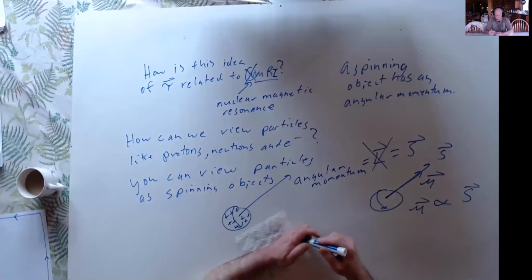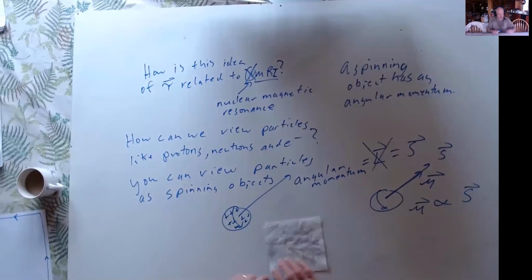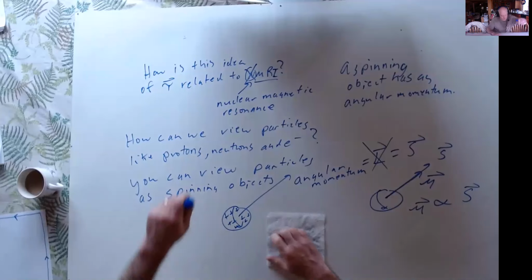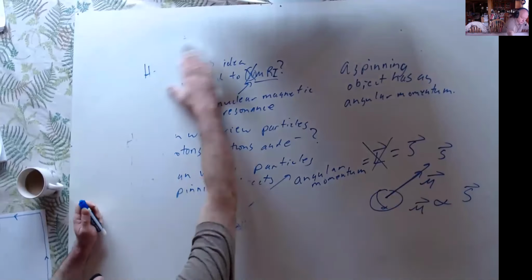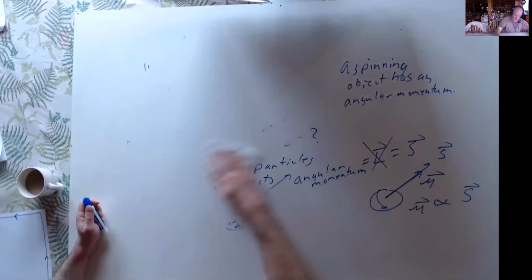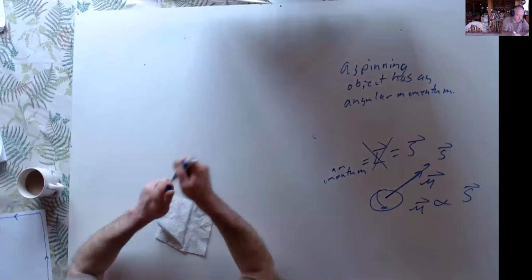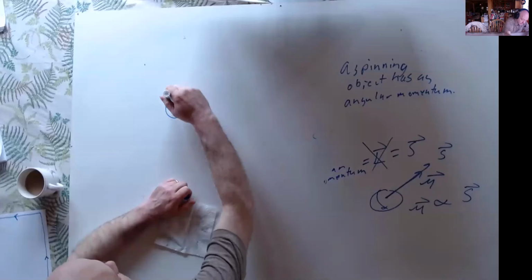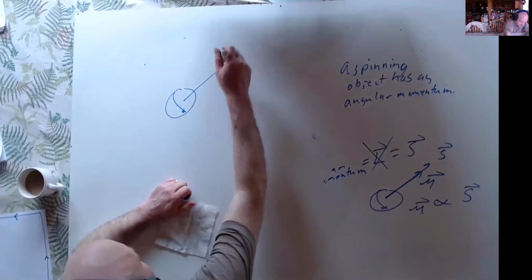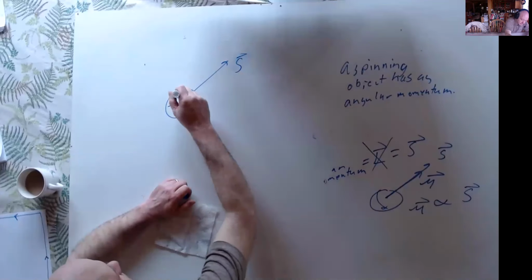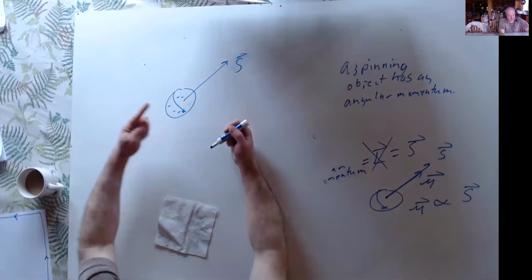Okay, so now if this is a negative charge, what would happen is that the magnetic moment actually flips direction. If you had a negative charge, like an electron, so let's say here's our ball like this, it's spinning like this. So here's our S still. And if this is negative, that's not positive charge going that way.